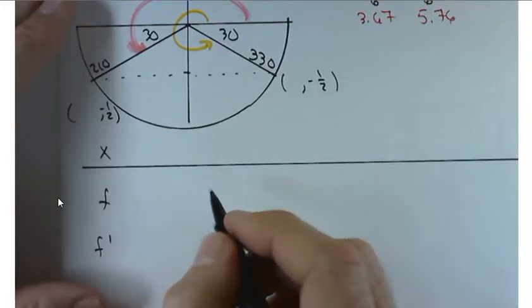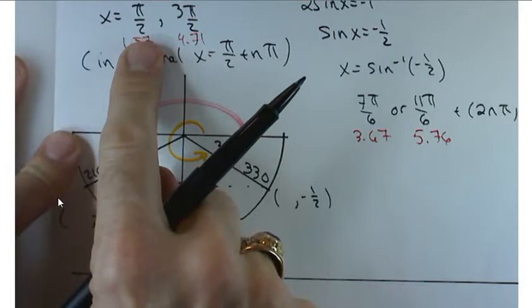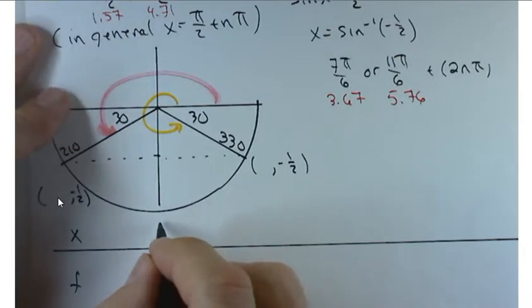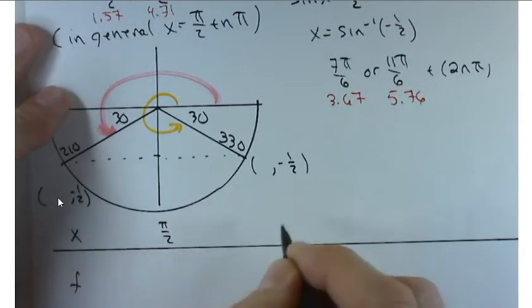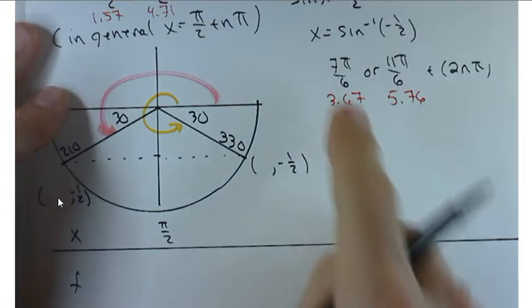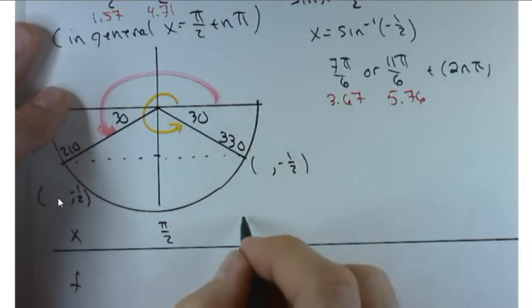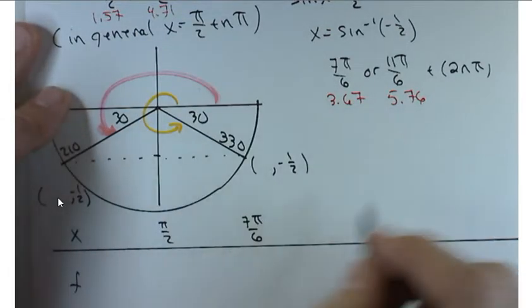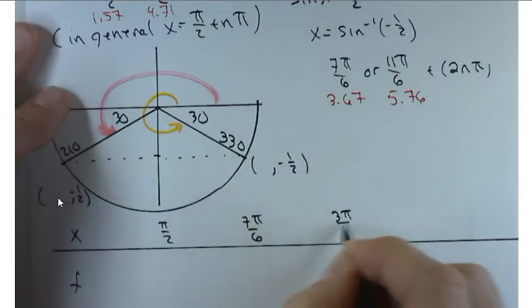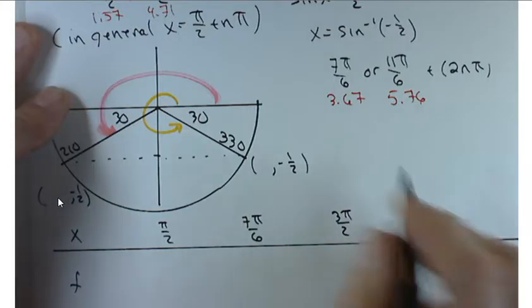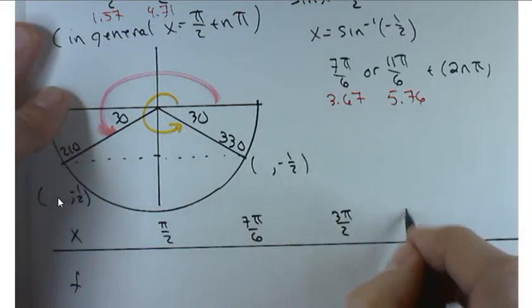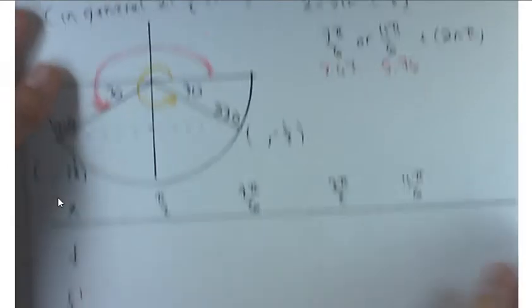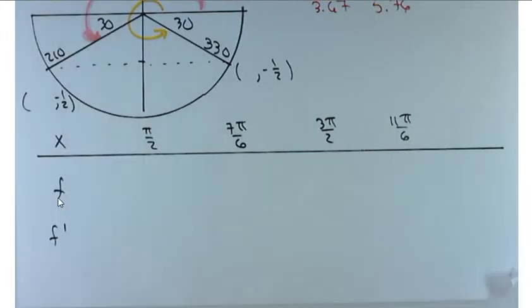In increasing order, it would be pi over 2, and then 7 pi over 6, then 3 pi over 2, and 11 pi over 6. So those are our points here.